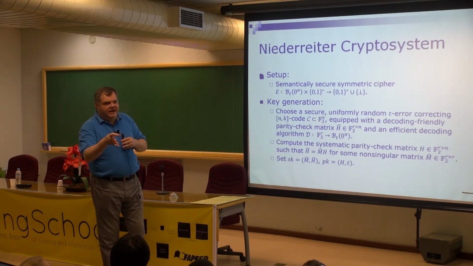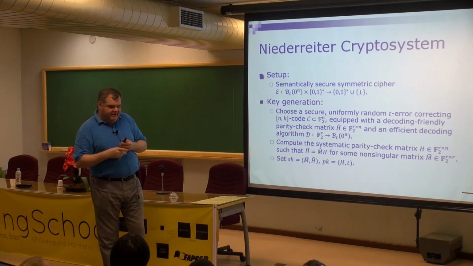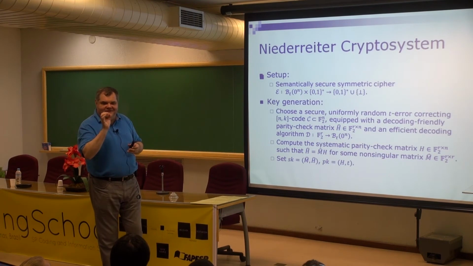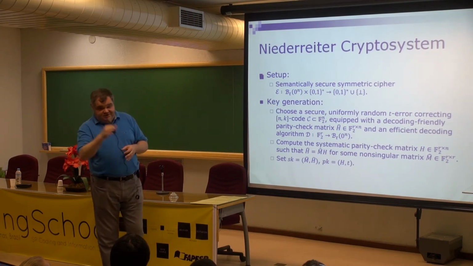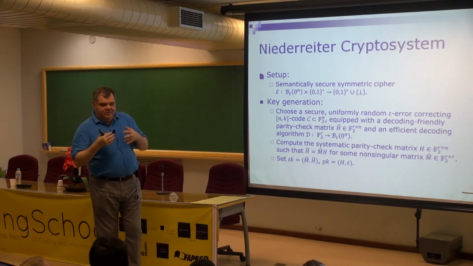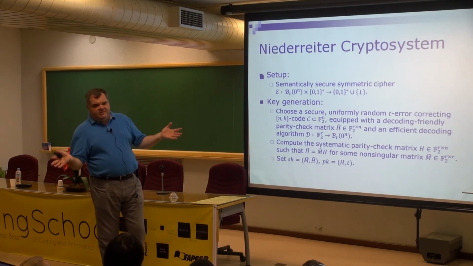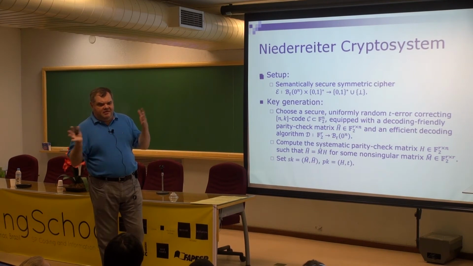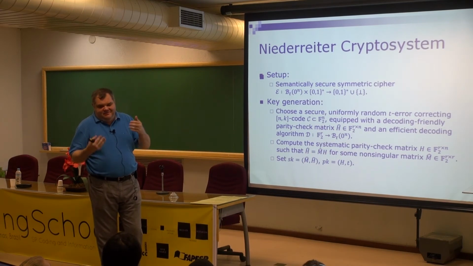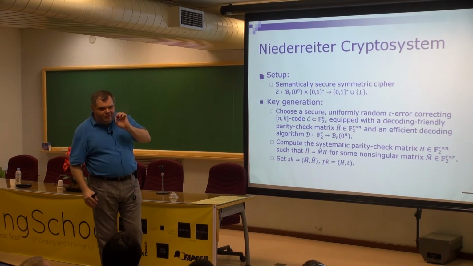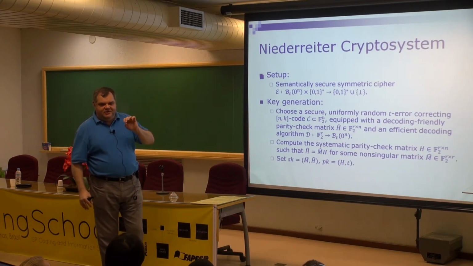The principle of hiding here is a needle in a haystack. So there is one very particular basis for the code, or its dual, using which we can decode. Any other basis, or almost any other basis, will be bad for that. So we publish one of the bad bases, and we privately use that very particular, almost unique basis for decoding.